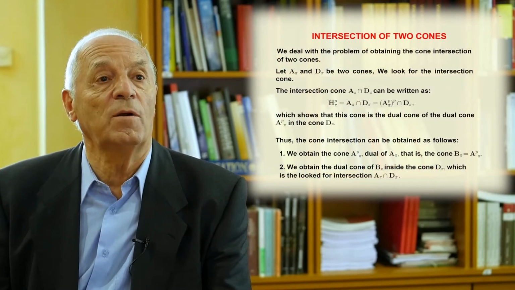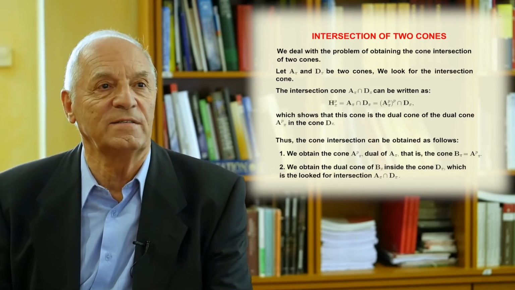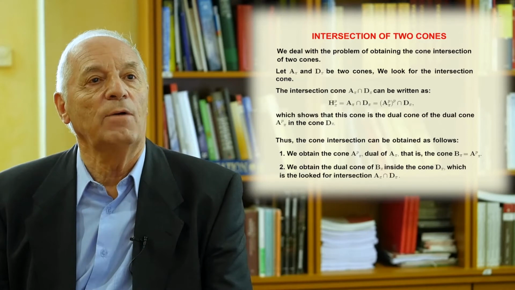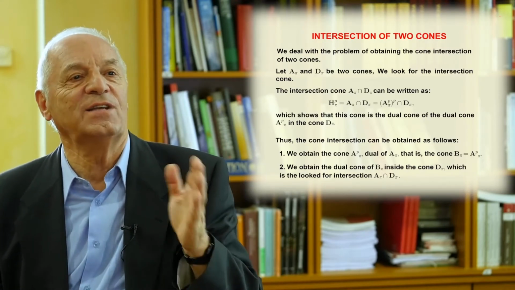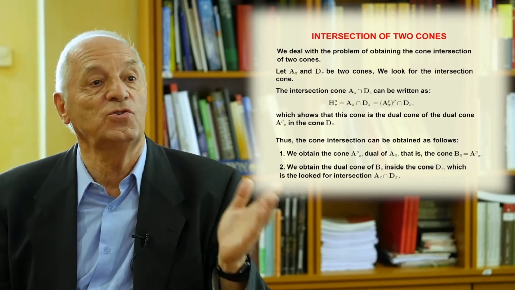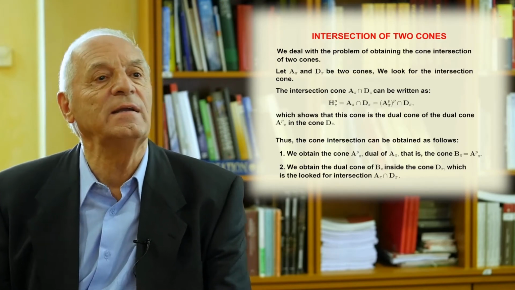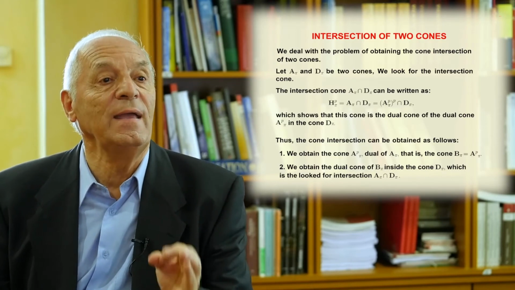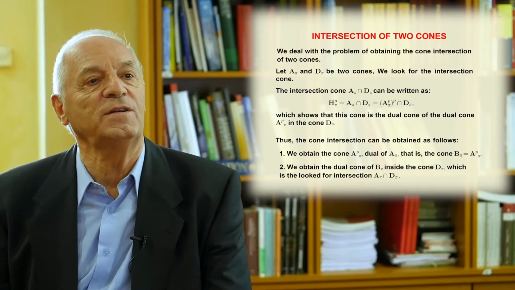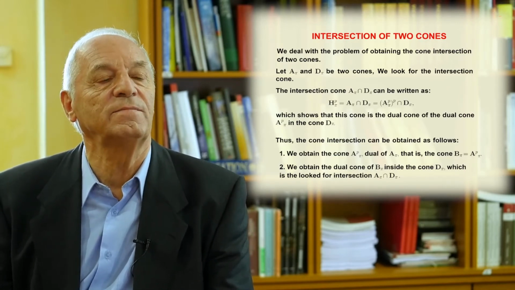Okay, and how to obtain the intersection of two cones? The problem of intersection of two cones leads you to solving a system of inequalities, which is a complicated one. However, we can do one thing. We can write the intersection of two cones as usual. Let me explain what A pi means. A is a matrix which has some columns, and pi is a Greek letter that refers to non-negative linear combinations.